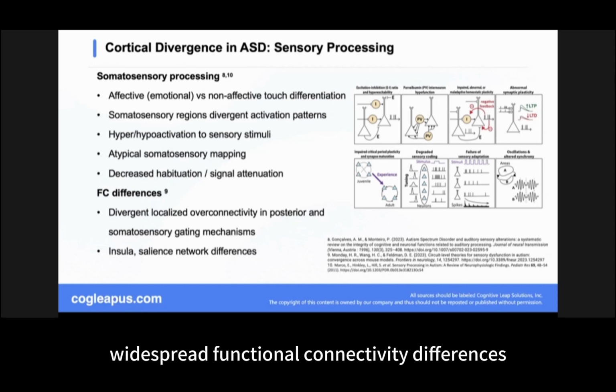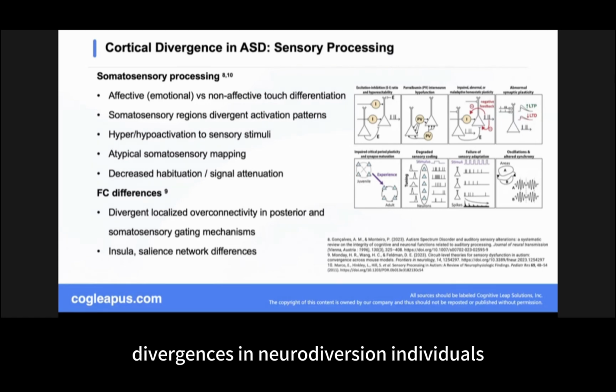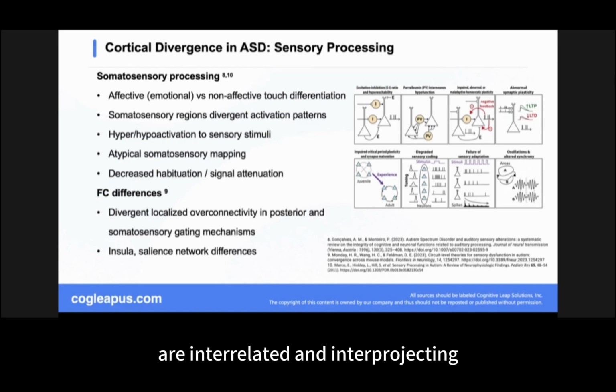There are also widespread functional connectivity differences. So we're starting to really see a pattern in the cortical divergences in neurodivergent individuals. A lot of functional connectivity alterations compared to typical development. And we also see that many of these networks are interrelated and interprojecting.